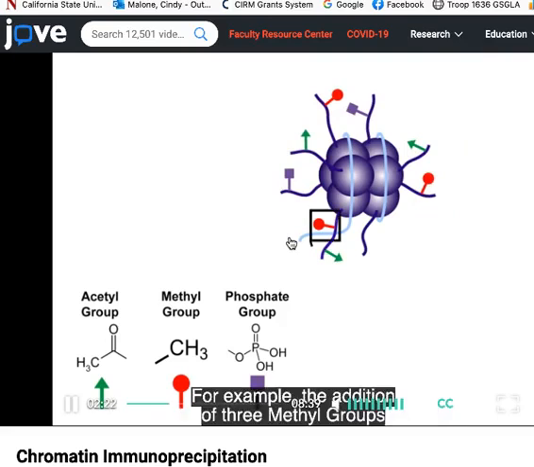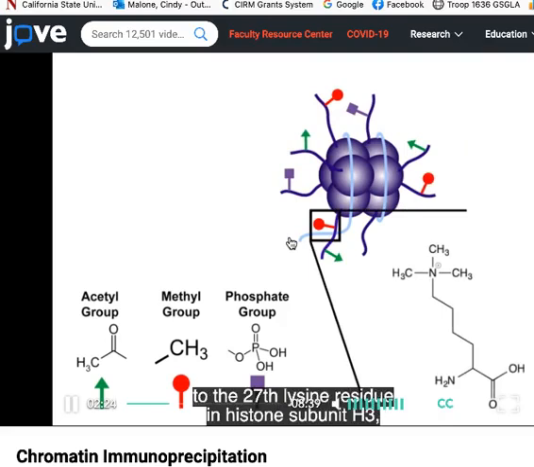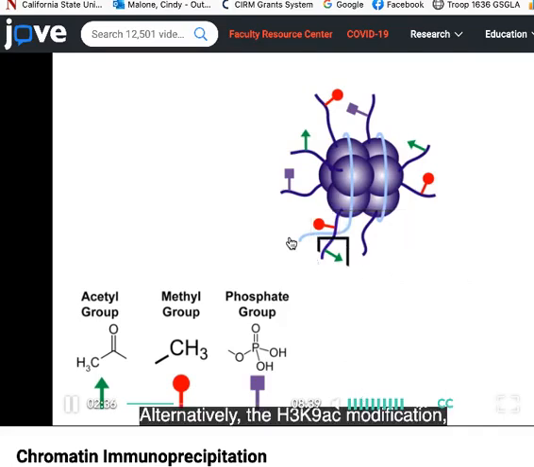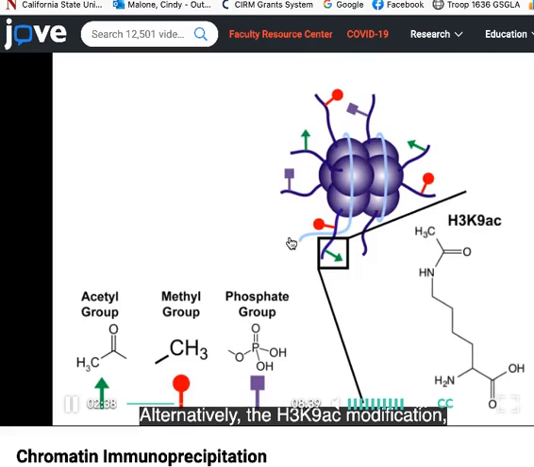For example, the addition of 3 methyl groups to the 27th lysine residue in histone subunit H3, a modification termed H3K27 trimethylation, has been linked to gene silencing. Alternatively, the H3K9 acetylation modification, where an acetyl group is added to the 9th lysine residue on histone H3, has been associated with gene activation.